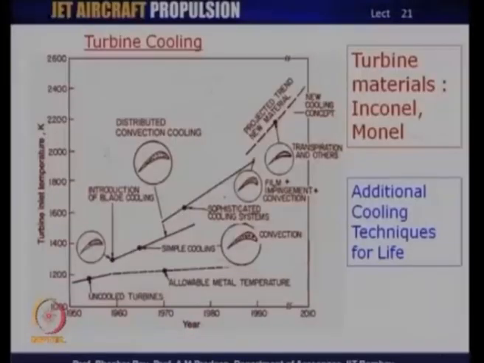Anything more than that requires a jump in the cooling technology, a new kind of cooling technology, which people are still researching. The material technology also is being researched. So, a combination of new material technology and new cooling technology would hopefully take us to higher temperatures in the years to come.